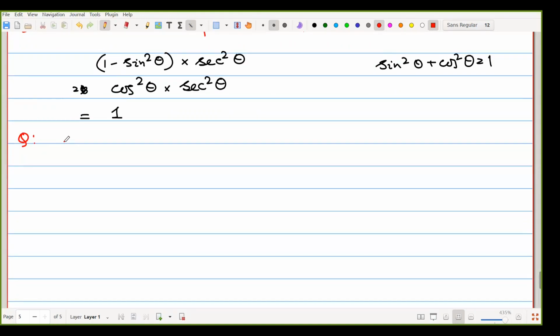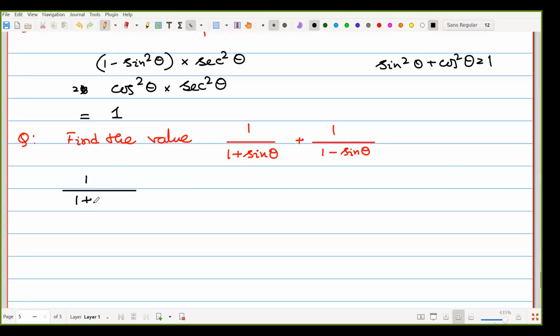Suppose another problem. Here, find the value of 1 by 1 plus sine theta plus 1 by 1 minus sine theta. So here we have 1 by 1 plus sine theta plus 1 by 1 minus sine theta.